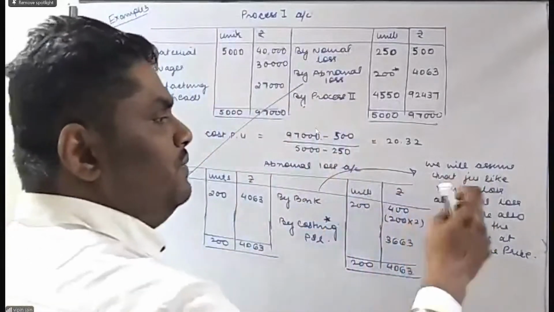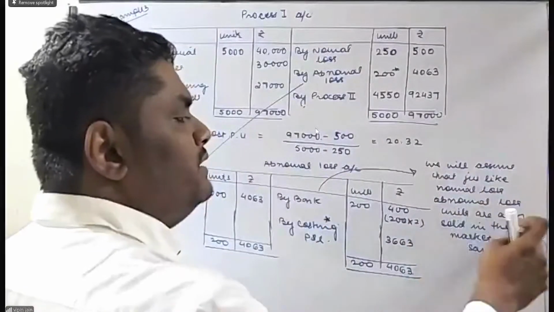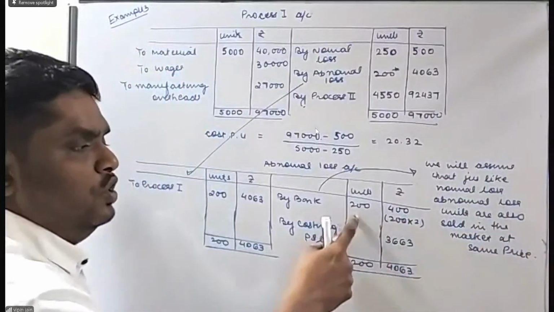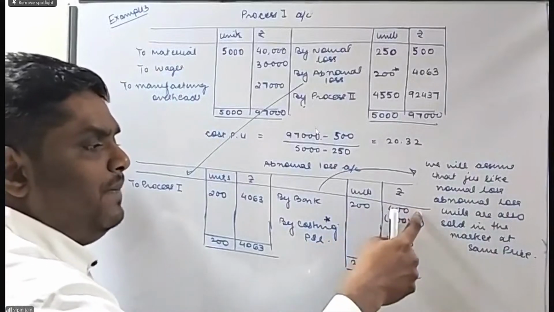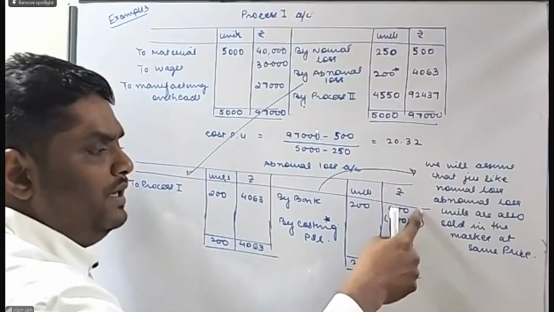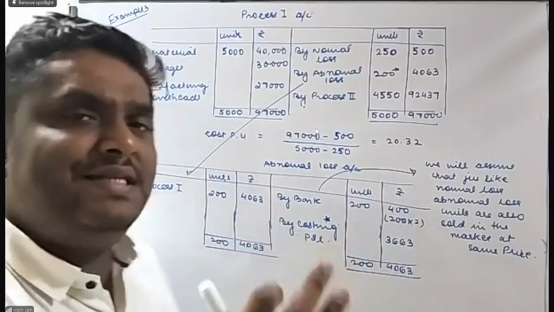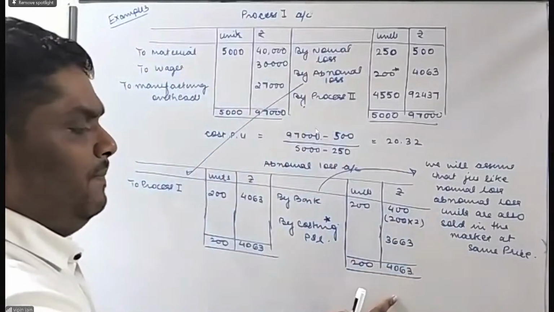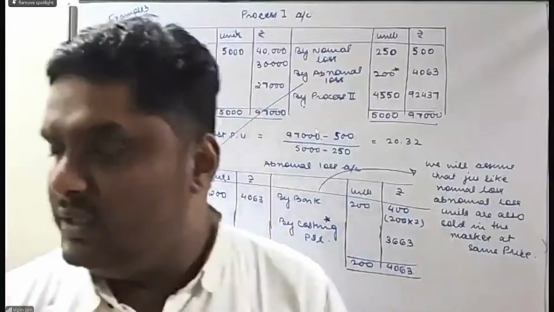So we will assume that just like normal loss, abnormal loss units are also sold in the market at the same value, that is rupees 2. So these 200 units are sold at the rate of rupees 2 per unit, so total 400. So the balance amount will be a loss to the company, that is 3663. So this is how abnormal loss account is to be prepared.